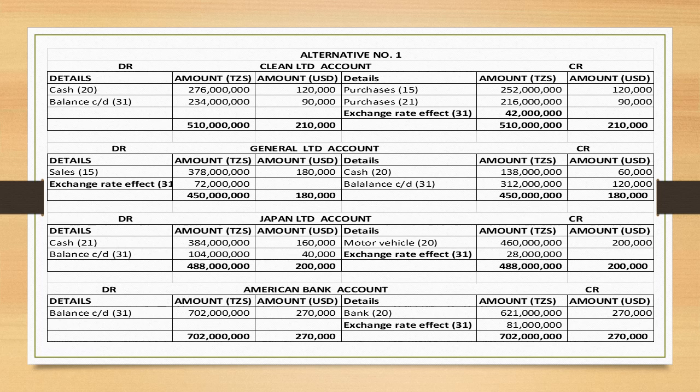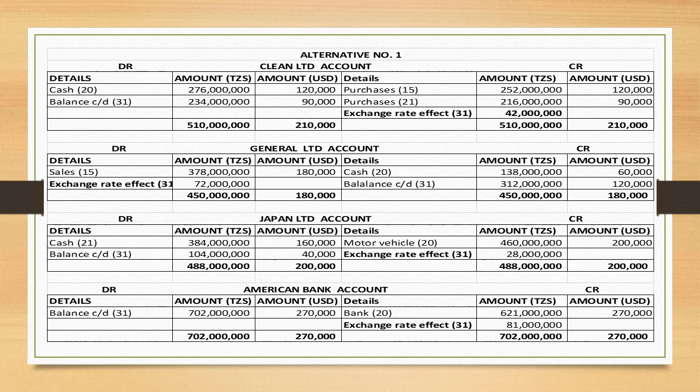But on the closing date, we had a balance of 90, and the exchange rate is 2,600, so it's equivalent to 234. If you make a closing balance, you will find that we will have an exchange rate effect of 42 million, which will be the loss resulting from changes of exchange rates.